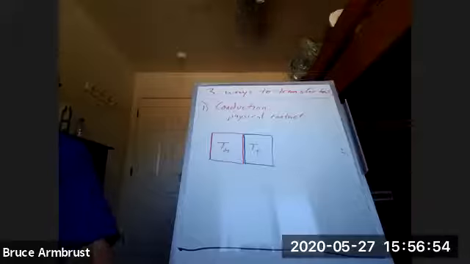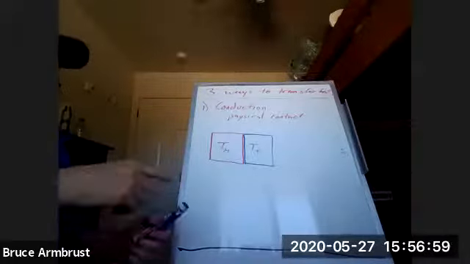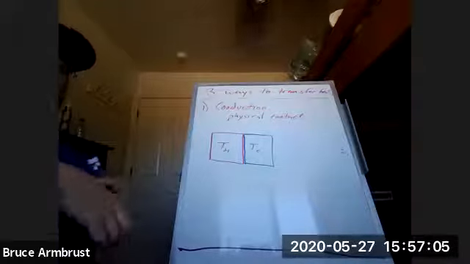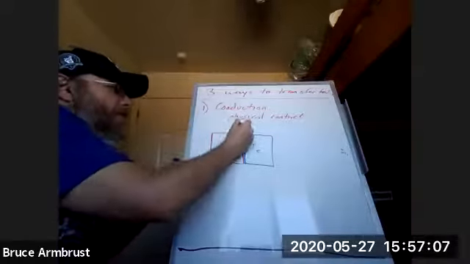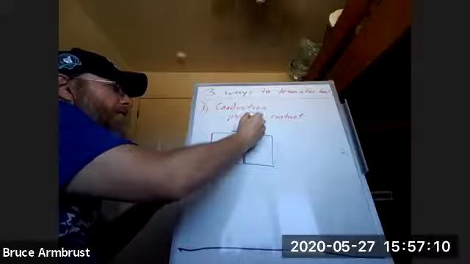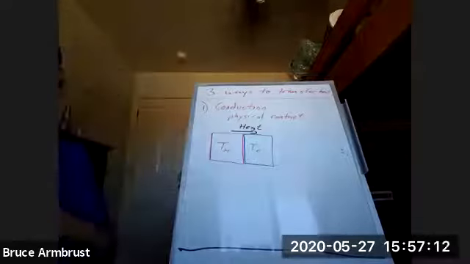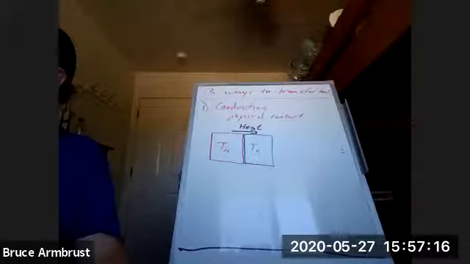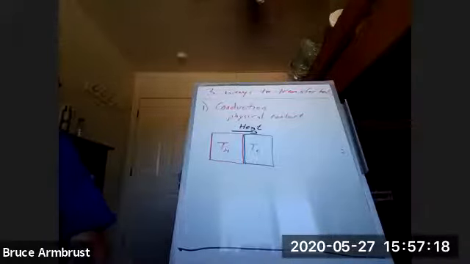All right, so there are two objects. Now, heat is going to flow from the hot to the cold, so it's going to go in this direction, unless we put in some energy of some kind, but I don't want to look at that.